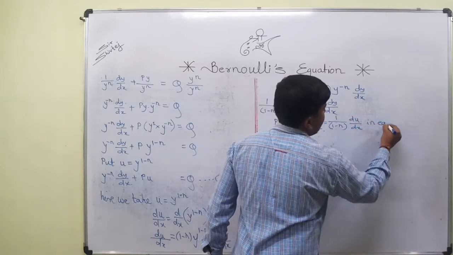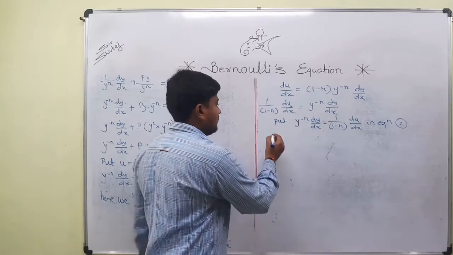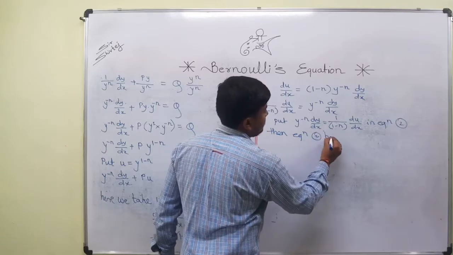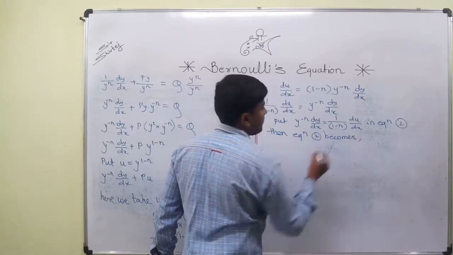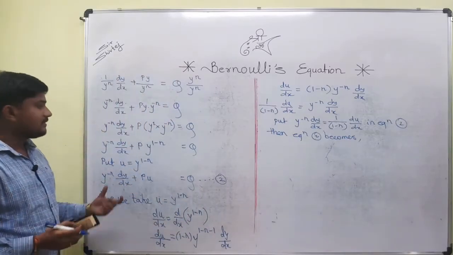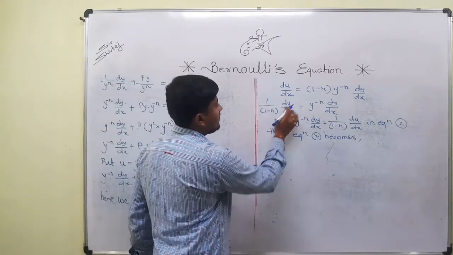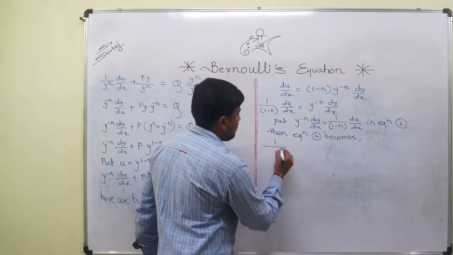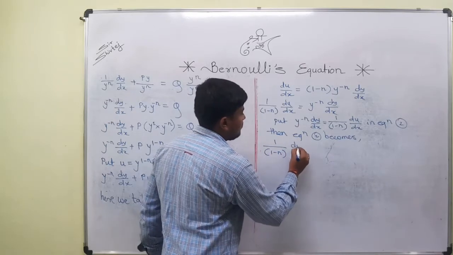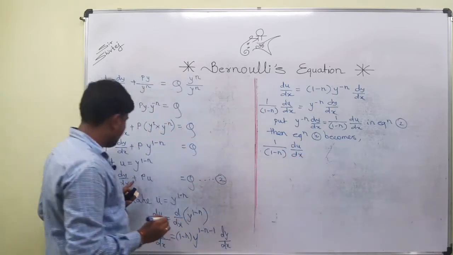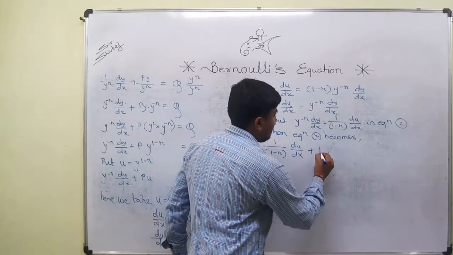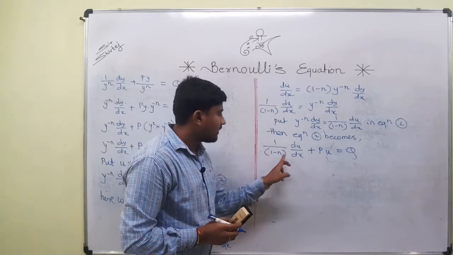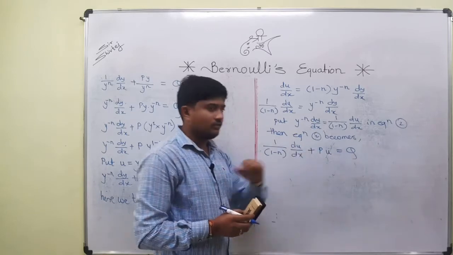Then equation 2 becomes 1 upon 1 minus n du by dx plus pu is equal to q, okay.